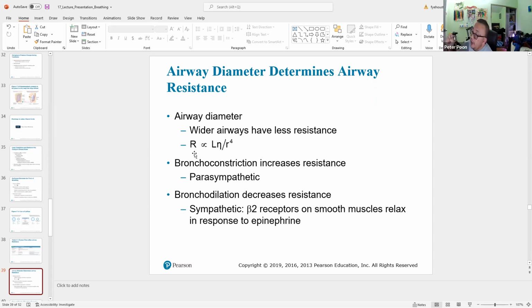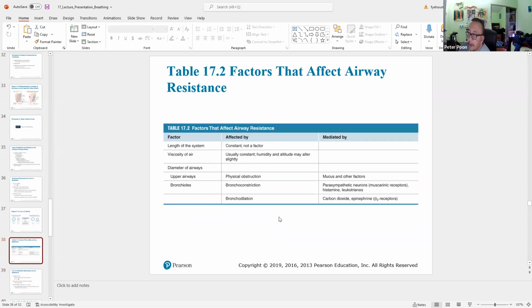So changing the radius of the airway changes things a lot. And primarily we control it using the parasympathetic and sympathetic mechanisms for bronchial dilation and bronchial constriction.